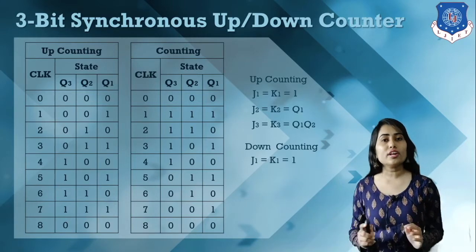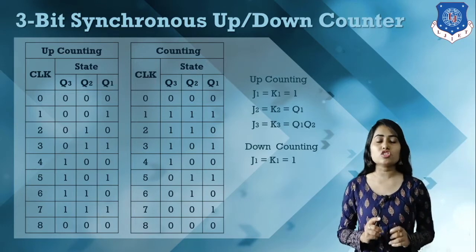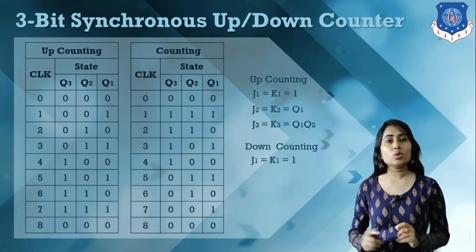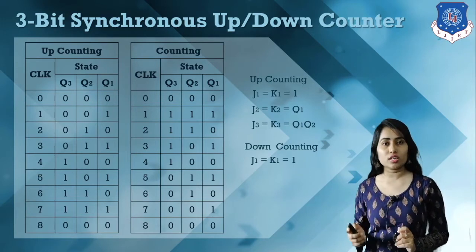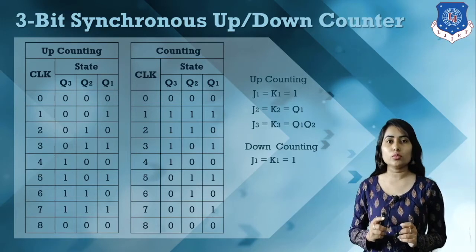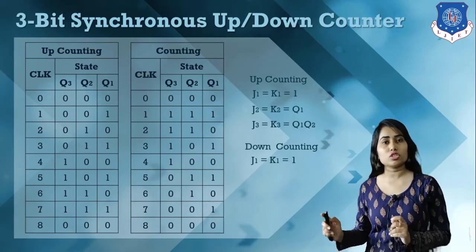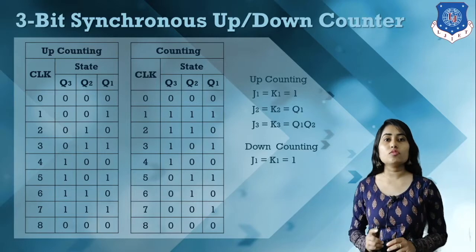So for down counting, first J1 K1 is equal to 1, because Q1 will toggle its state for each and every clock signal, and this kind of input is applied for toggle mode operation, that is J1 K1 is equal to 1 1. So this is for Q1.